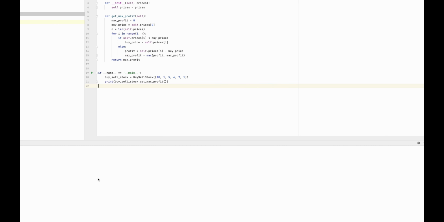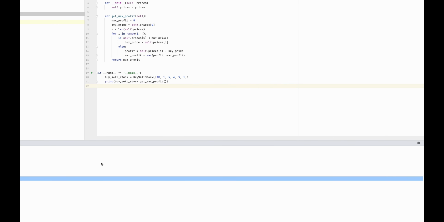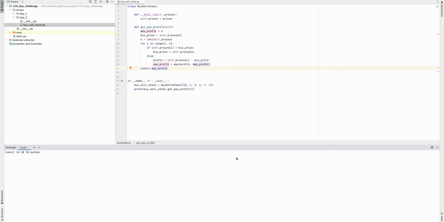And this is what I'll do for every day, and that is how I will get the maximum profit. Now if I run this in the terminal with Python, you will see it gives the maximum profit as 6. Same if I do the same thing with the other example, it is going to return a maximum profit of 0. Now let me run this for you.